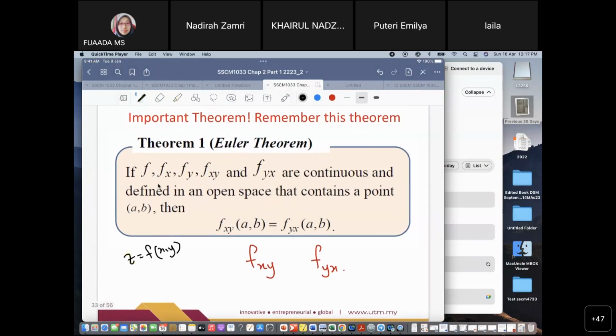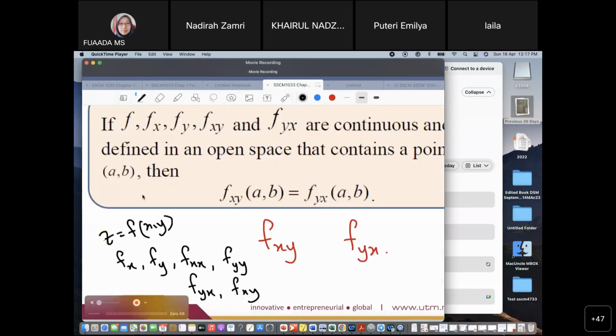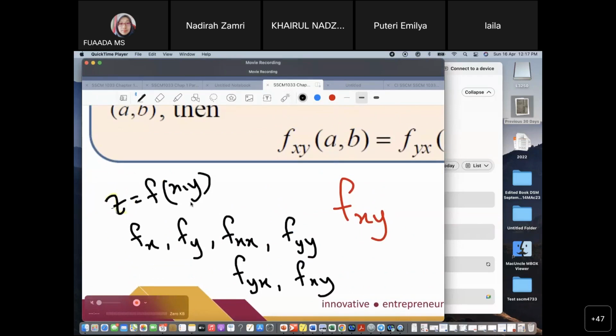The partial derivatives you can obtain are f respect to x and f respect to y. For the second order, fxx, using the same variable, similarly fyy, and you have the mixed partials given by fyx and also fxy. So these are the possible partial derivatives for a two variable function.